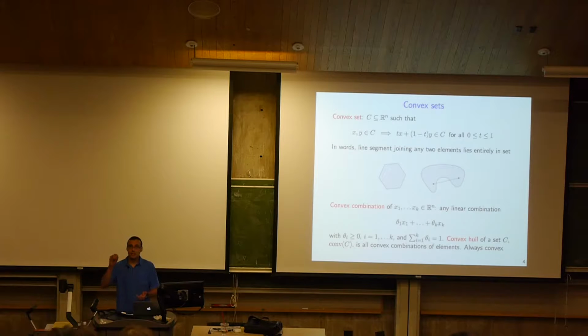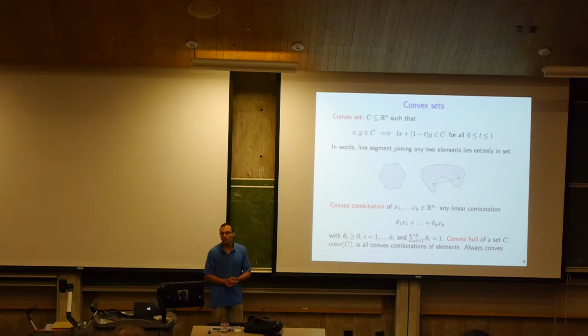So if I take any sequence of points in that set, what it converges to also lies in the set. That's one definition of a set being closed. Another definition is that its complement is open. If these terms are rusty or confusing, take a look at some of the supplementary materials on the course website. Closed and convex hulls is an important combination, so you'll do some exercises on the first homework that emphasize that.